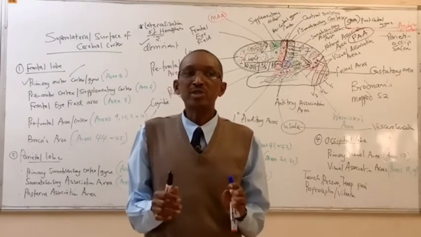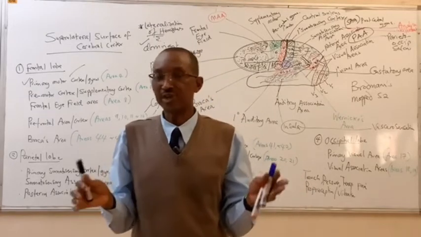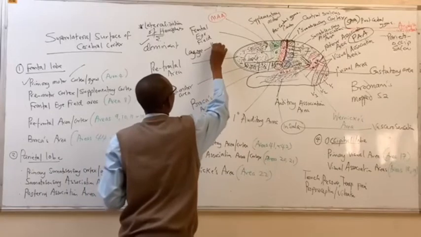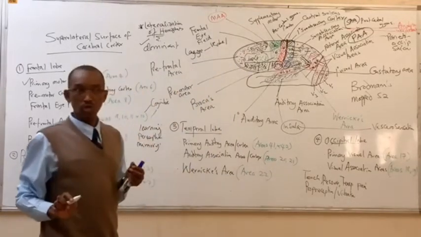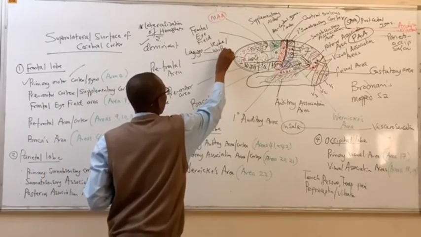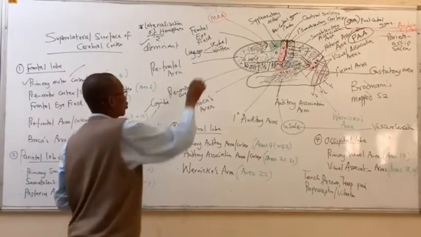Language is classified into different categories. We have what we call verbal language. Verbal what? Verbal language. And we also have what we call written language. Are you clear? And then we also have what we call body language.